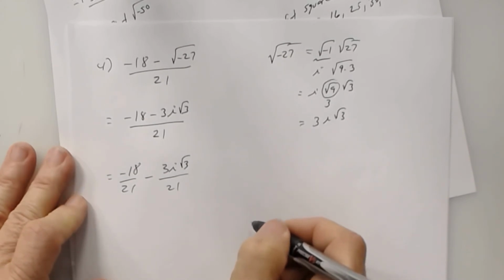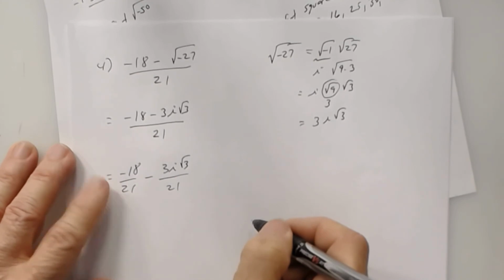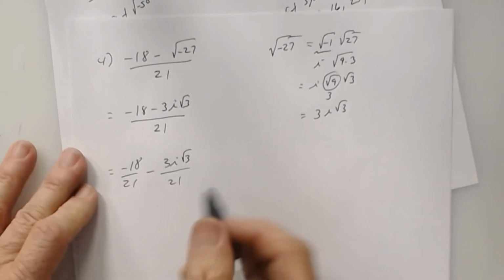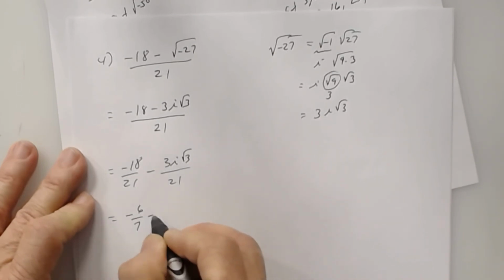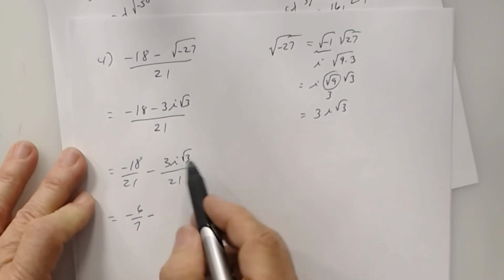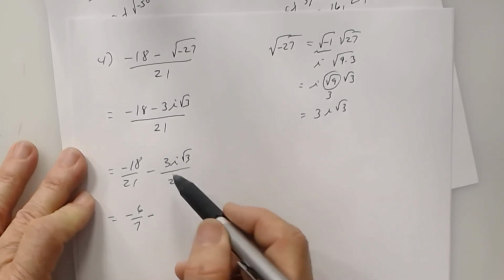Okay? I can simplify, reduce the first fraction. They're both divisible by 3. So that's negative 6/7 minus, no, I can reduce the 3 and the 21.